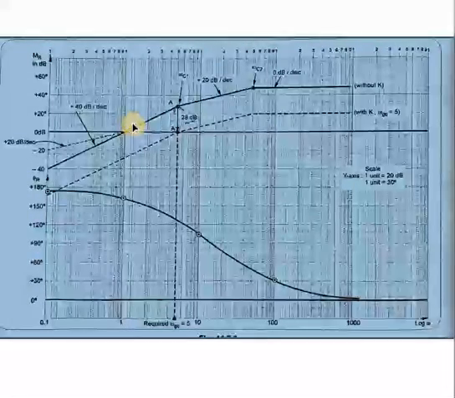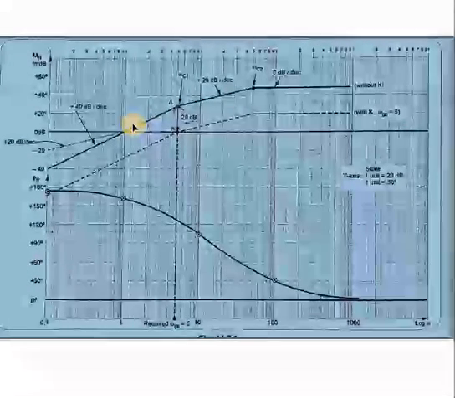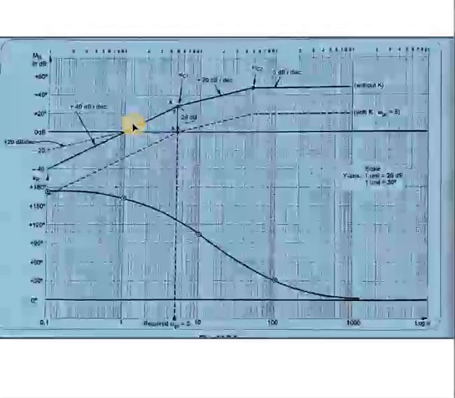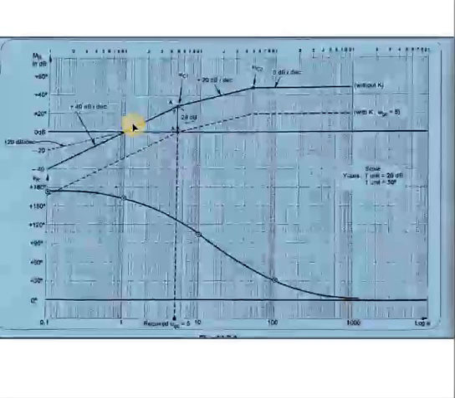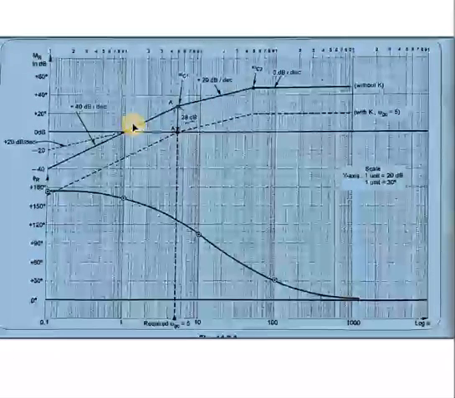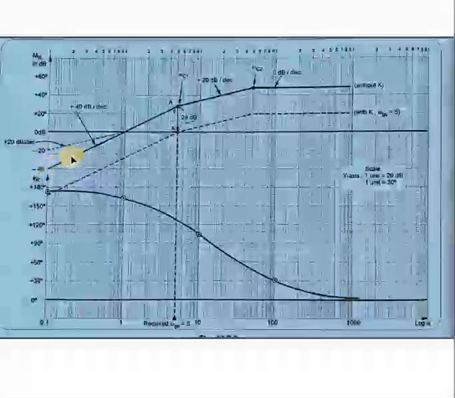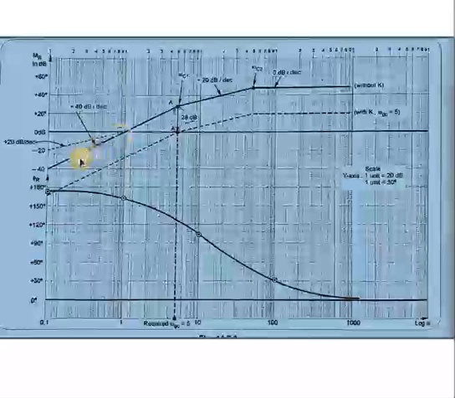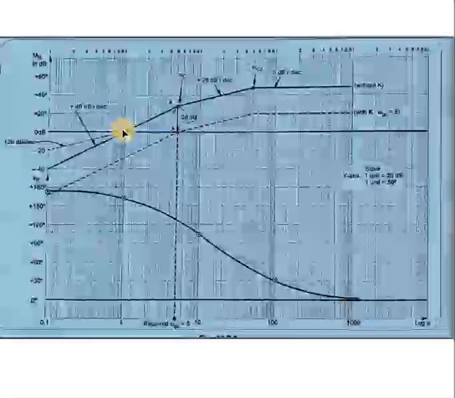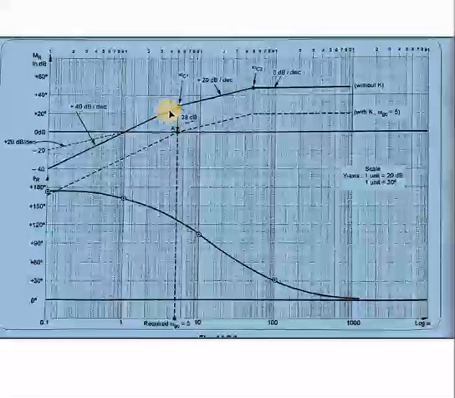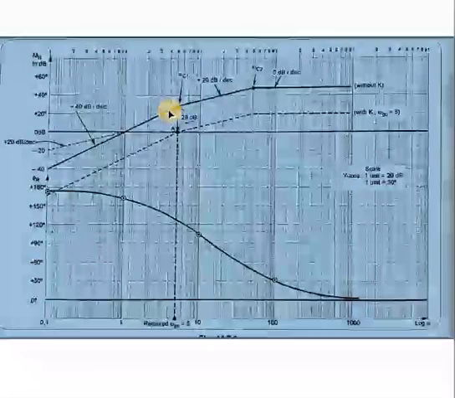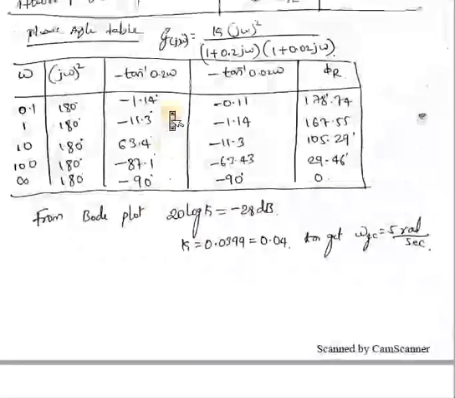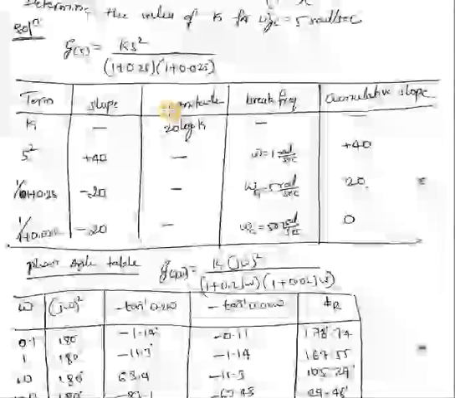Now for the first term, I have taken the s² term as the first term, that is a zero. It should be with 40 up to the first break frequency. The first break frequency, omega c1, is how much here? 5 radian per second.